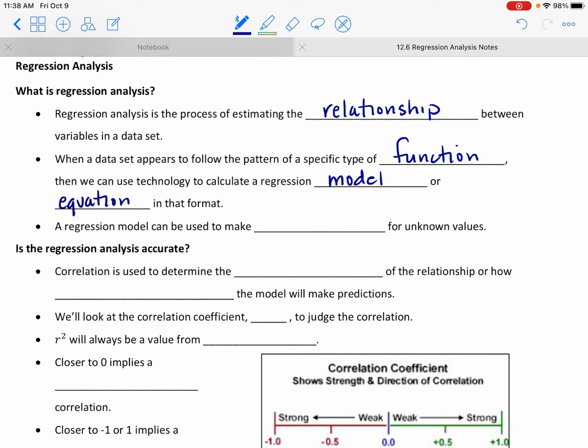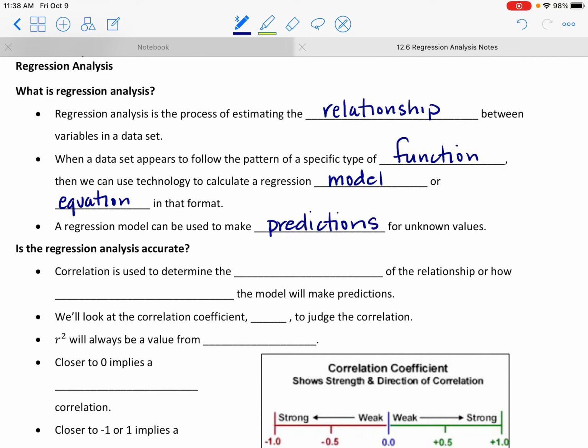So when you create a line of best fit, you're going to create what we call a linear regression model, or a linear regression equation, or again, exponential is an option too. And the purpose is to make predictions for values that we don't know, so for values that extend beyond the data set that we have captured. So the purpose is to make predictions.